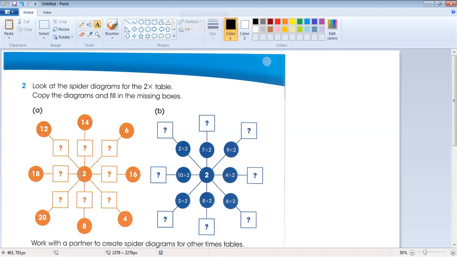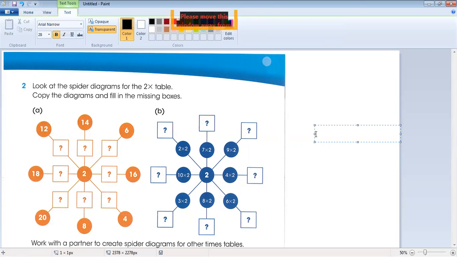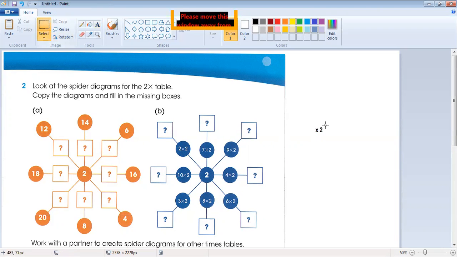Now 2 twos are 4. So I'm going to write here multiply 2. If we multiply 2 with 2, we can get this.